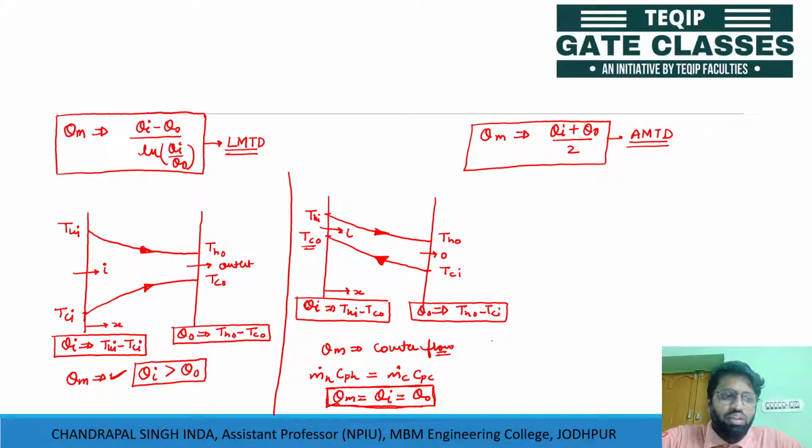This term can be used only when the heat exchanger is of shorter length, so the temperature variation is very small. When the temperature variation is very small, it is considered a linear temperature profile. In that case we can use the AMTD formula.